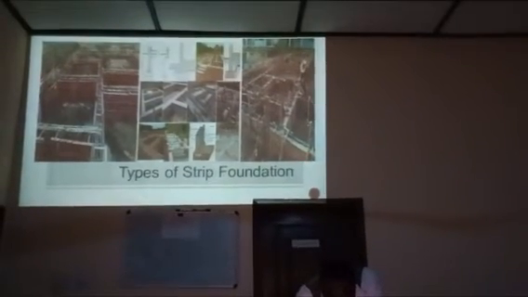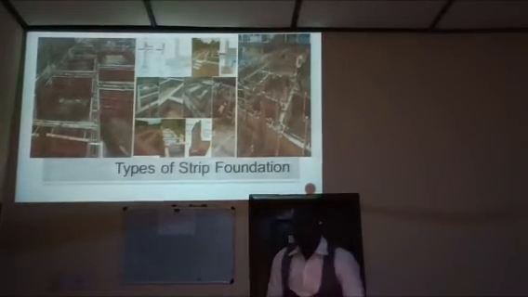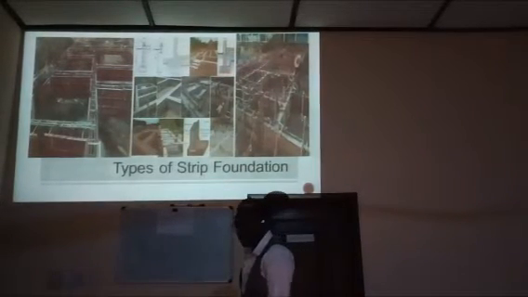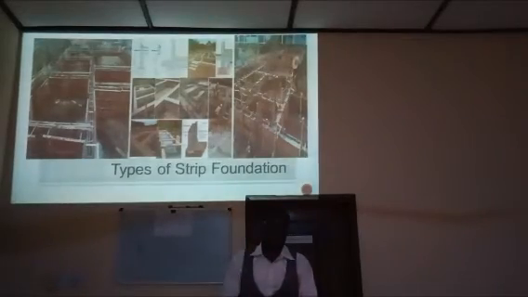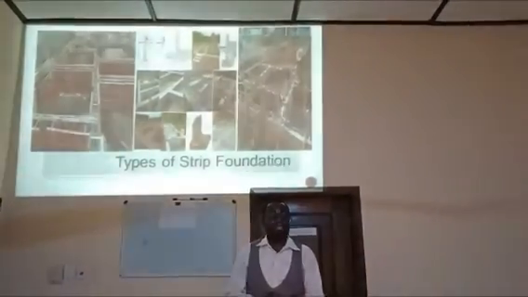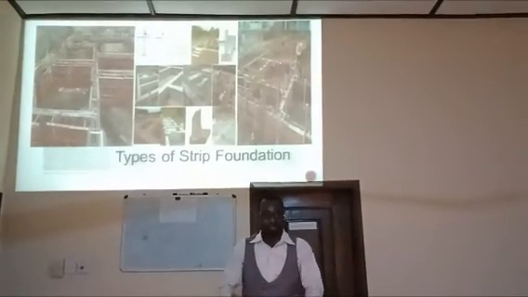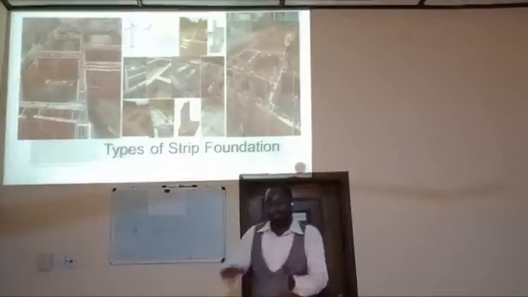Unlike the mat foundation, which is raft foundation or mat footing, which is separate. For that one, before we start, we need to excavate first and remove the topsoil and reach the stable ground first. This one we do not do that. So it's a strip footing. That's why we call it strip raft foundation.